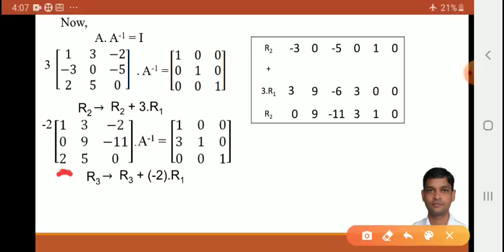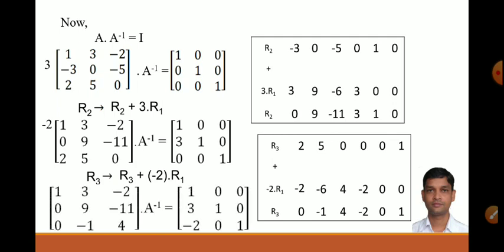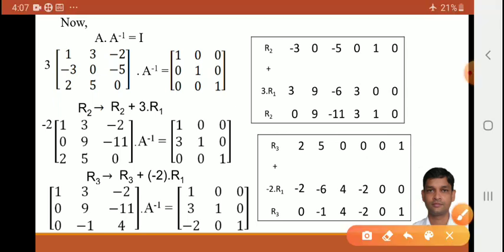Do the calculation: write R3 as it is plus -2 into R1, add the respective elements, and you will get the new R3: 0 -1 4 -2 0 1. So replace that R3 in the original matrix. So your equation becomes this. See, R3 has been replaced.